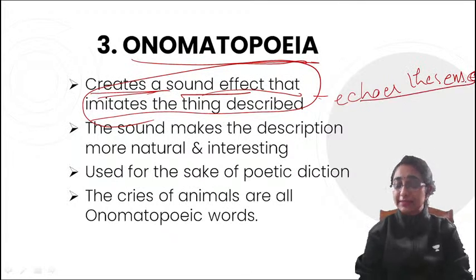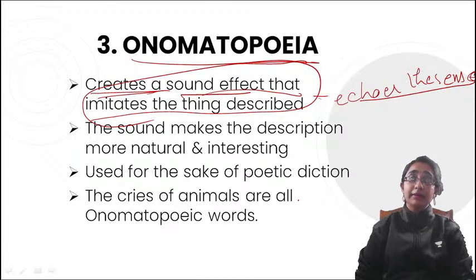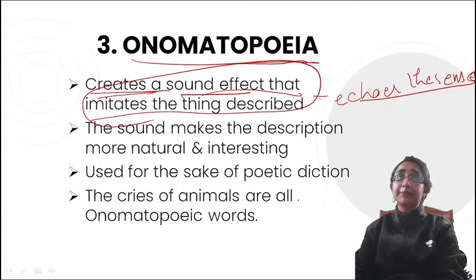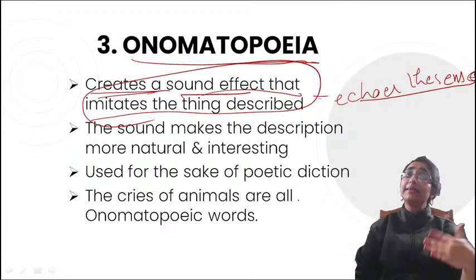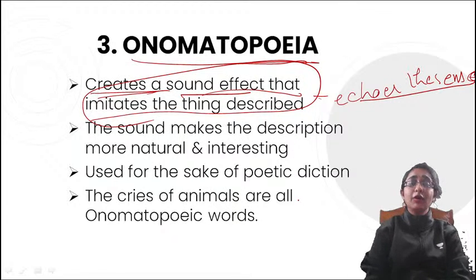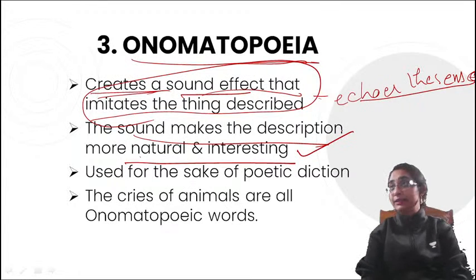Sound echoes the sense. Okay, so that is onomatopoeia. Such a sound is produced that the sound is itself explanatory. The sound is itself explaining the thing. Okay, that is onomatopoeia. The sound makes the description more natural and interesting.